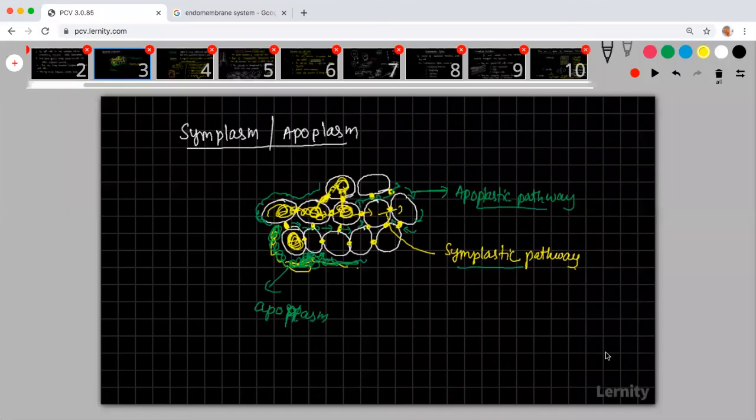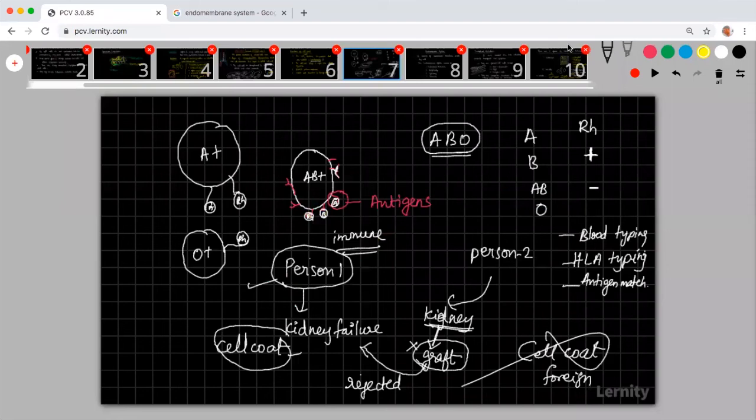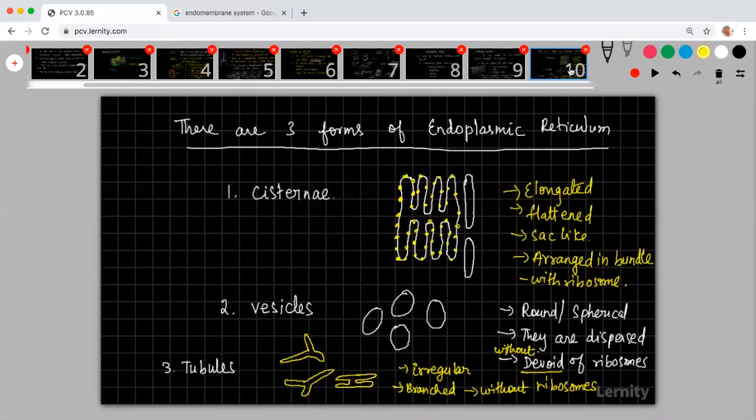Wait a minute. Seventh slide, someone asked. Tenth slide, someone has. Lichens is not there for this test.